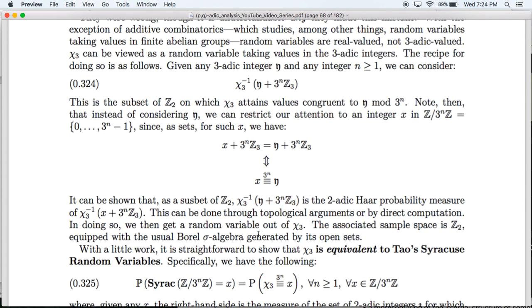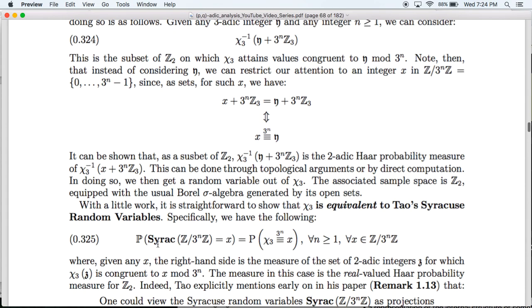What we do is we feed it a three-adic integer and an n, and then we can compute the probability that chi3 is congruent to our chosen three-adic integer mod 3 to the n. With a little work, it is straightforward to show that chi3 is actually equivalent to Tao's Syracuse random variables. Specifically, we have the following.